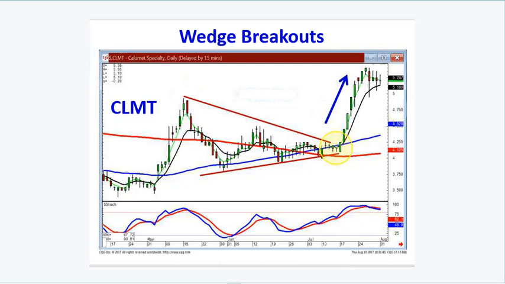Would you consider a breakout of a J-hook pattern a Bobble breakout too? No. The term Bobble breakout is the fact that we do have a J-hook pattern, but it's more defined because we can see where the resistance was and where the breakout was. So there's no difference.